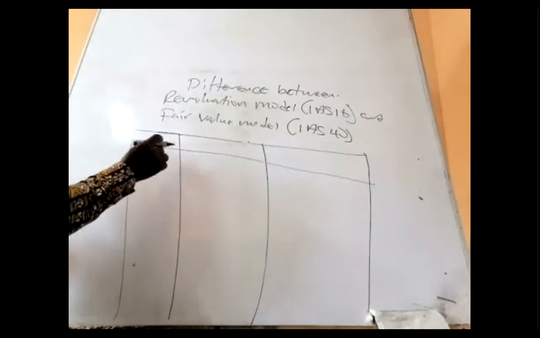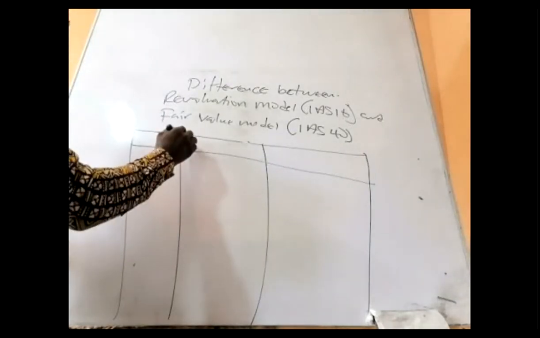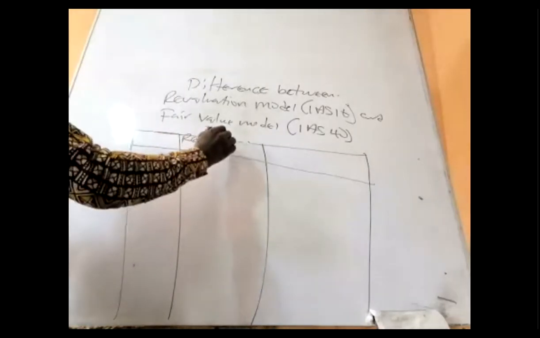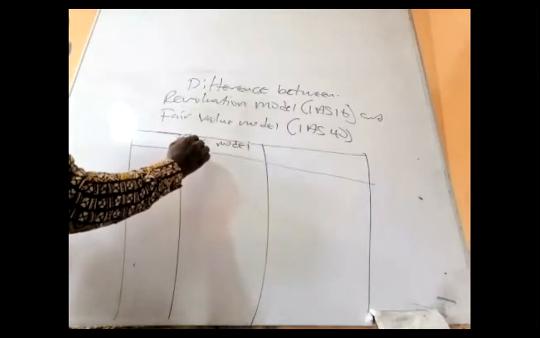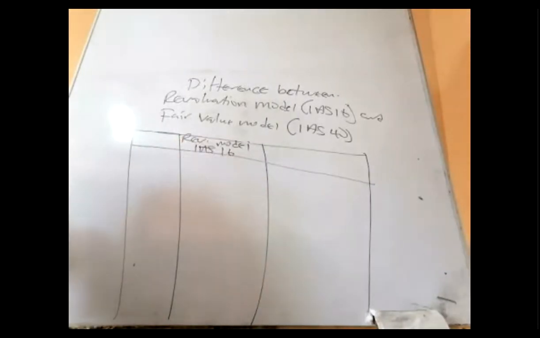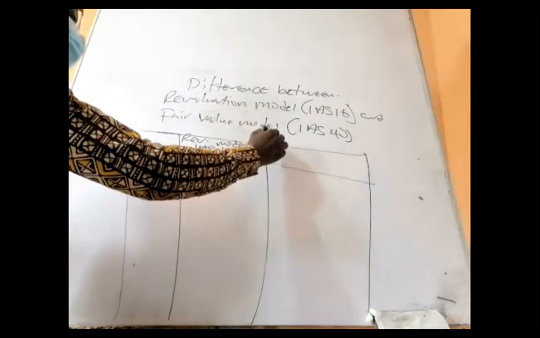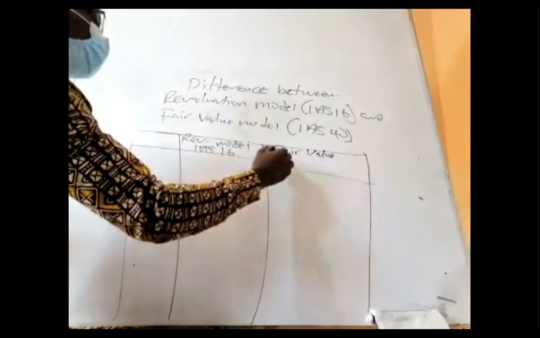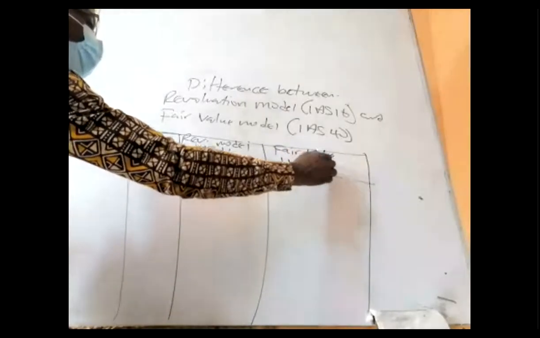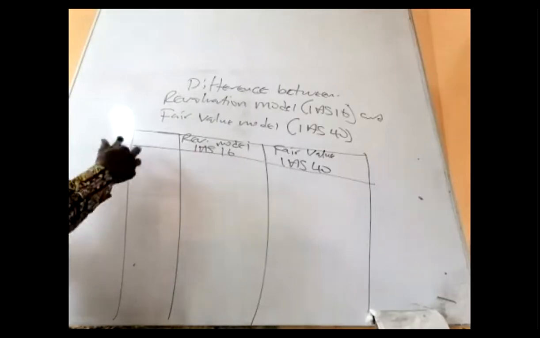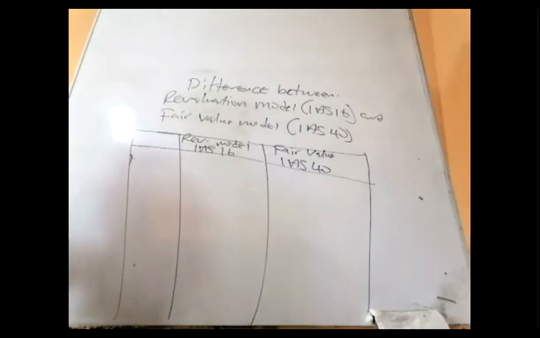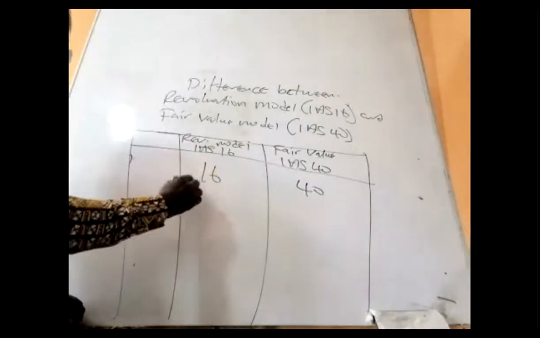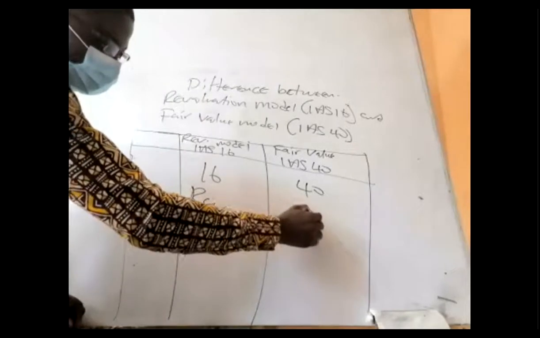Let's start with the revaluation model, which is under IAS 16. Over here, let's call it the fair value model, which is under IAS 40. Number 1, please don't say that one is under 16 and one is under 40, or that one is called revaluation model and one is called fair value model.